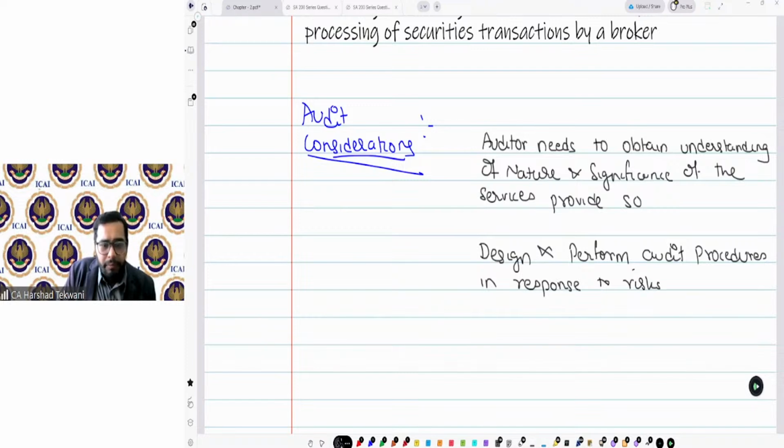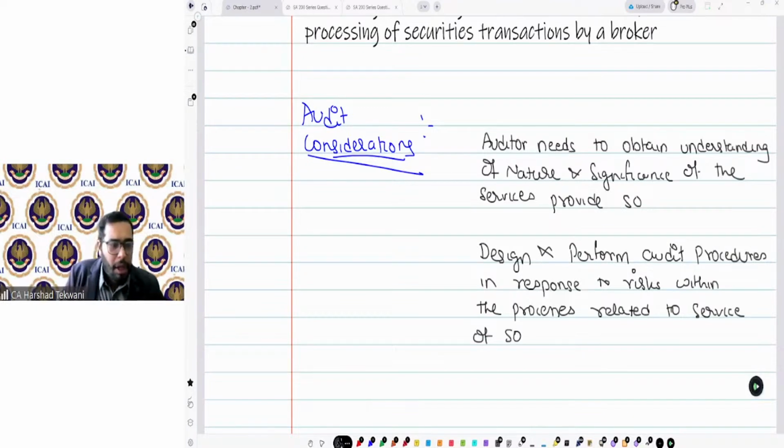risks within the processes related to the service by the service organization.